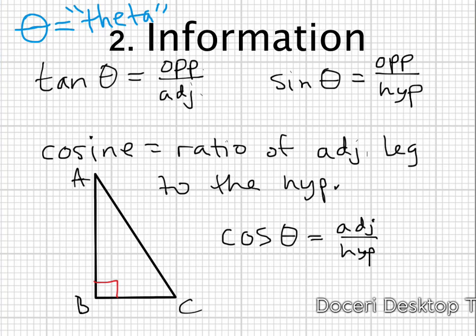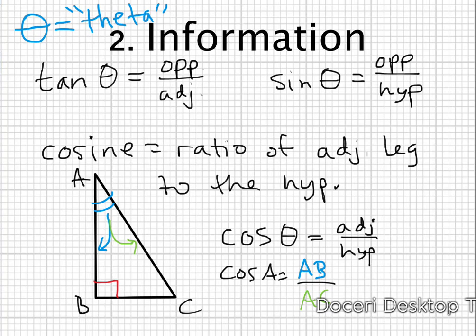So if I'm looking at the cosine of angle A, I'm going from this angle A, and I go my adjacent leg. So my adjacent leg would be AB, and my hypotenuse is still going to be AC.